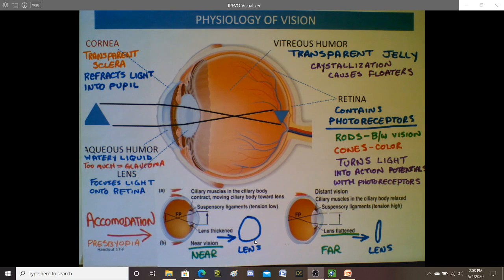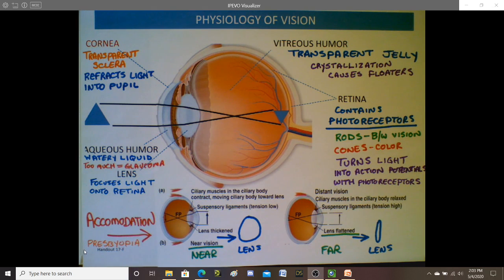And that's when someone would need to get reading glasses. They can't see up close as well. That's because this lens is not as elastic as it used to be. And so it's not forming this correct shape to focus the light onto our retina.